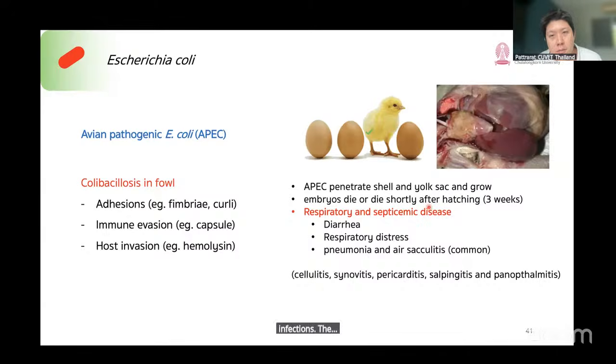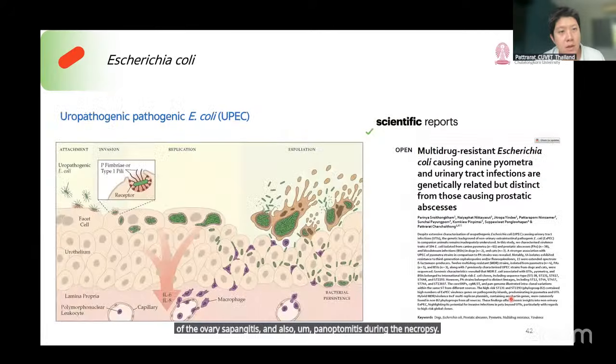The birds will show diarrhea and respiratory distress because of pneumonia and ascites. Also, we can see inflammation of the heart, pericarditis, of the ovary, salpingitis, and also peritonitis during necropsy.